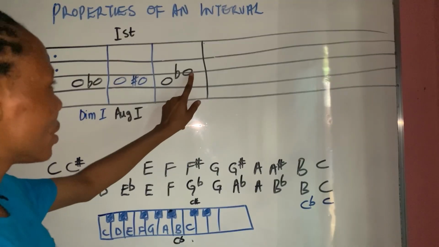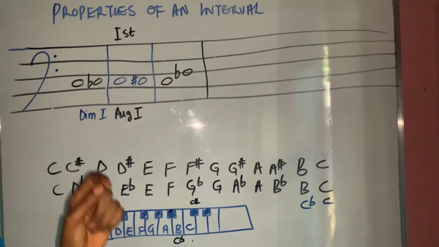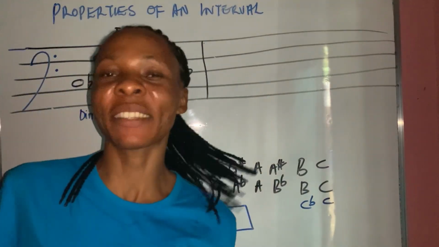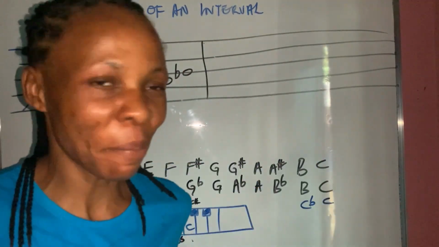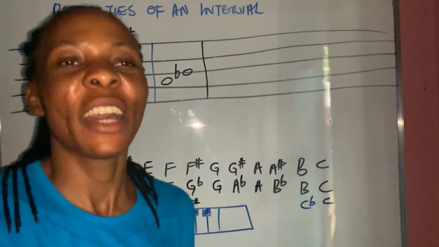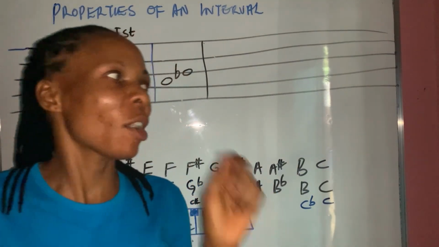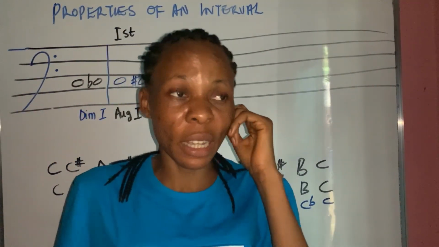So C to D flat and C sharp are the same notes, the same place on any instrument, but they are not the same interval when it comes to this. When you hear it, you can say, oh, that is C sharp, or you can say that is D flat, or you can write augmented unison.